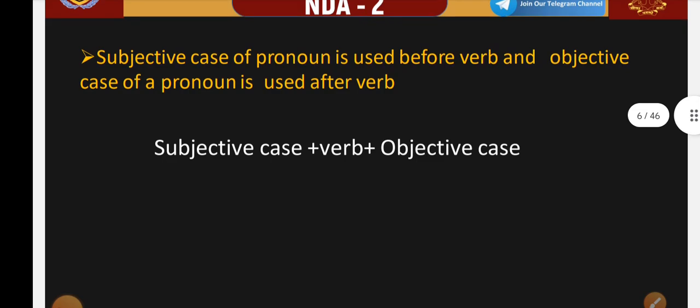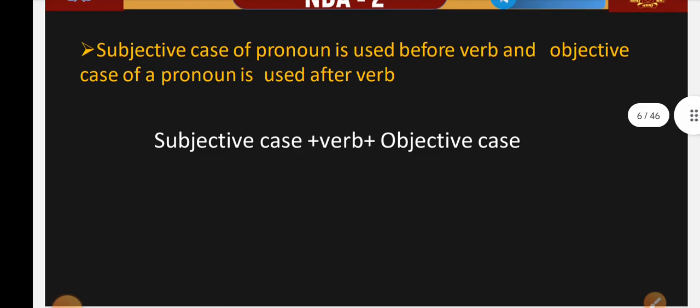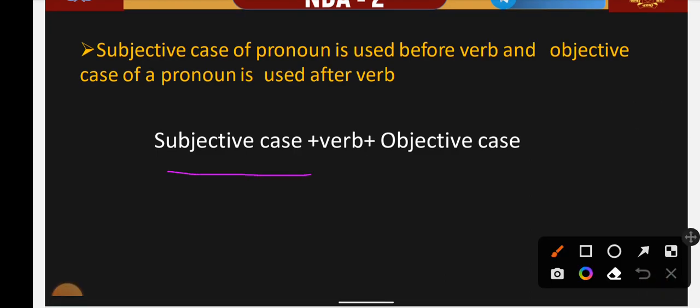I think this slide was taught by me. And come to the point. What I was saying, subjective case plus verb, and when we have to use objective case, then you must use it after the verb. Let me write an example related to this rule.